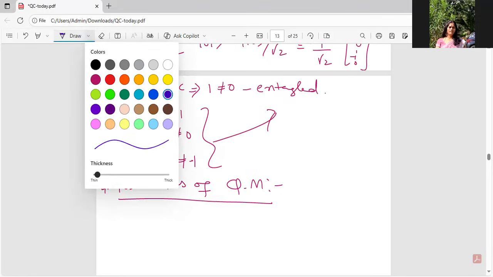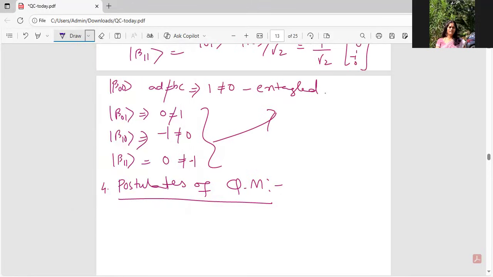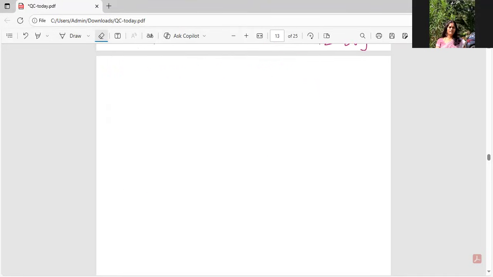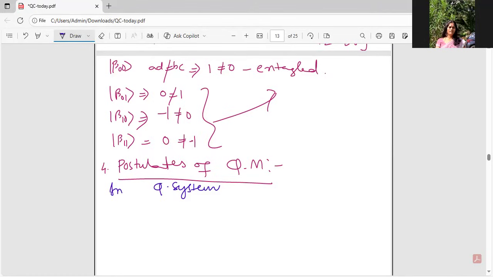The first postulate says that usually the state of a quantum system is a vector, ket xi of t.